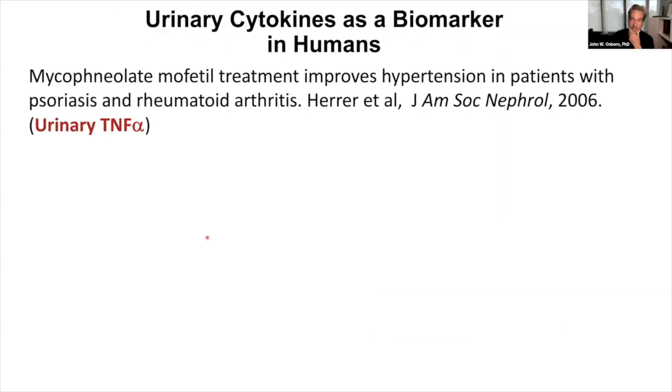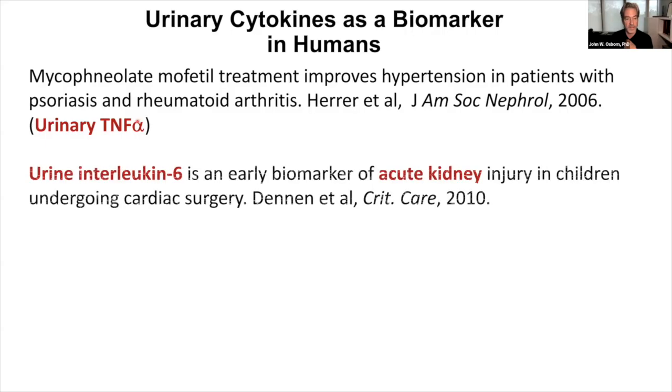Now, there's data in the literature now in humans indicating that this is possibly something that could be used clinically. This is a paper looking at an anti-inflammatory agent's effect on urinary TNF alpha. These are subjects or patients who had psoriasis and rheumatoid arthritis and also had elevated blood pressure, and they're treated with mycophenolate, and that actually decreased urinary TNF alpha.